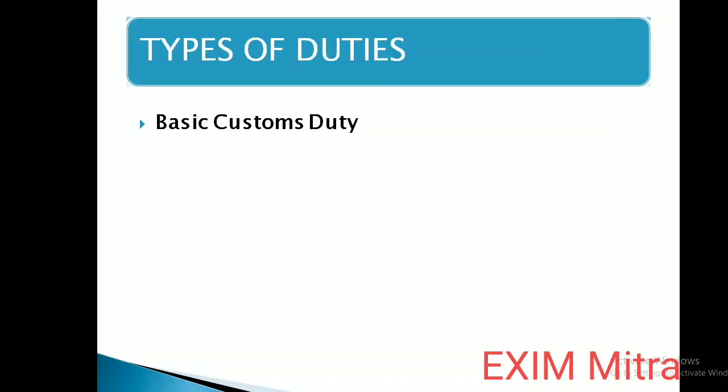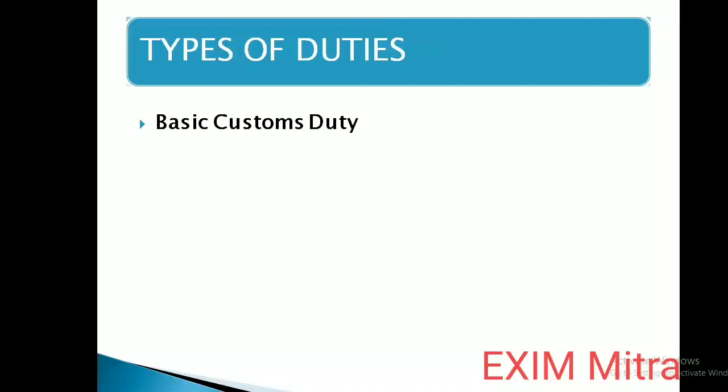Now guys, after the classification of goods, we will see what types of duty are levied on a particular good. So duty can be of various types, but we will discuss here only the 3 duties which are elementary in nature and will be attracted on all the goods, irrespective of the chapter, irrespective of the country.